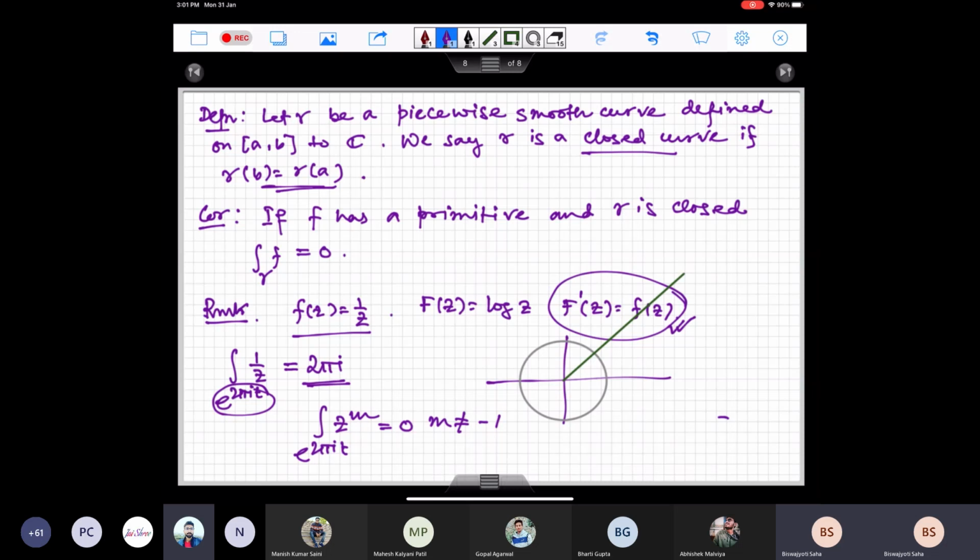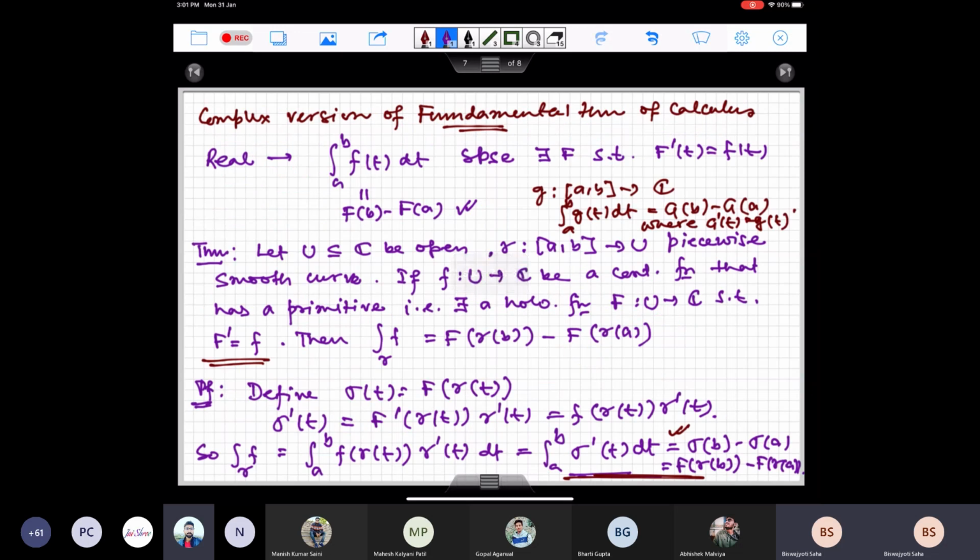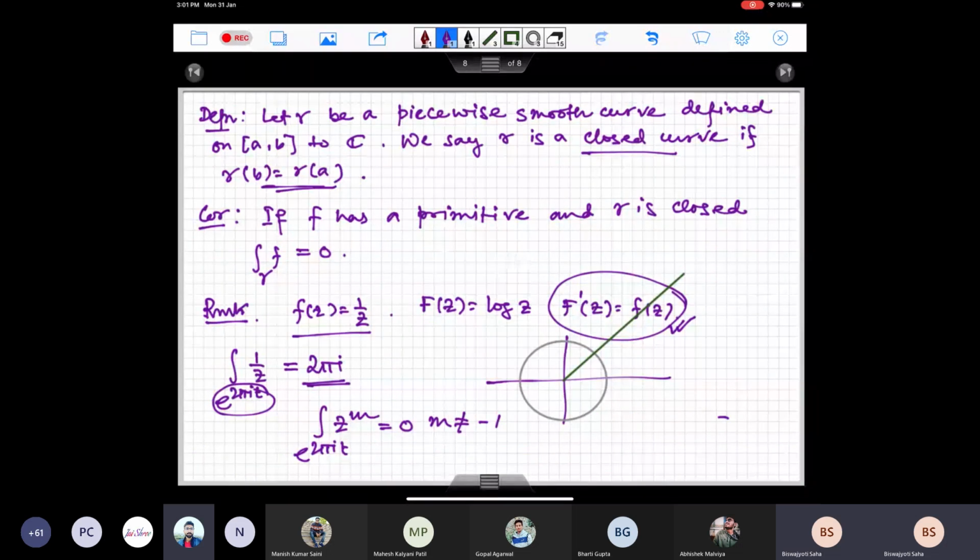So I can apply my fundamental theorem of calculus for the open set U to be C minus 0. I can apply it for this particular set, and I'll get this integral to be equal to 0.